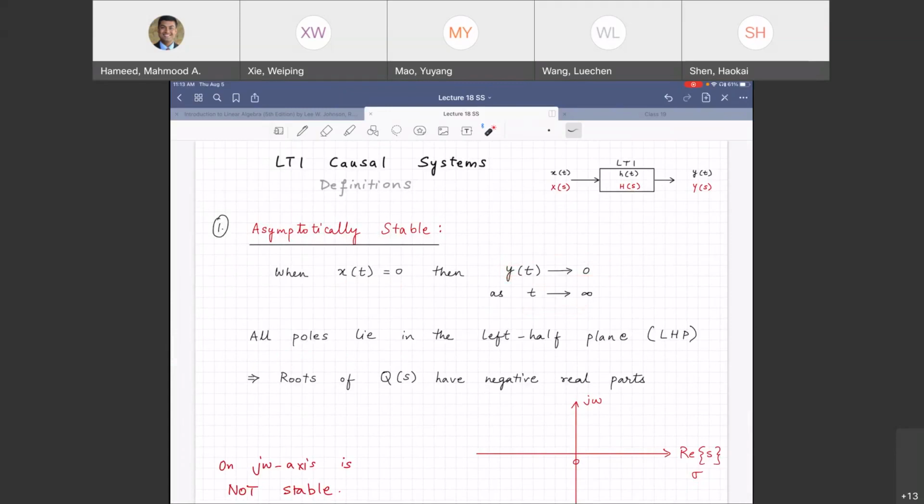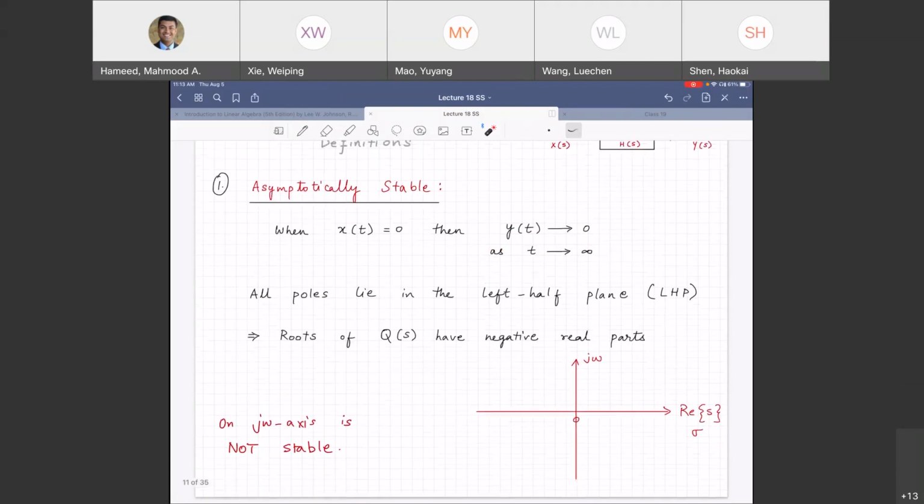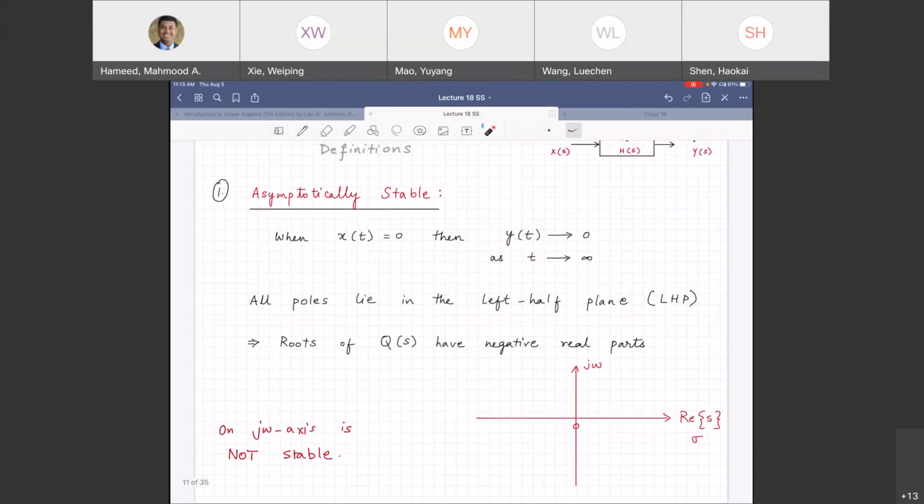If you don't give it any new input, the output asymptotically decays, which essentially refers to stability, because we have already said that if a system has to be stable, then the poles have to have negative real parts, which means all poles have to lie in the left half plane.